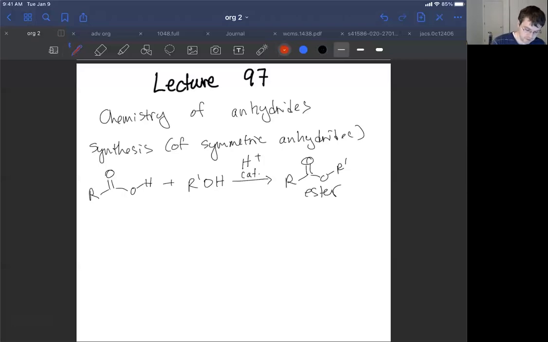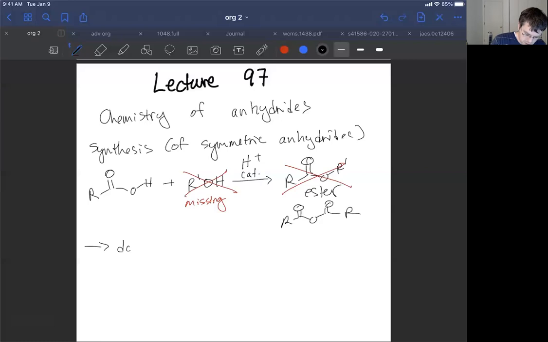the Fischer esterification conditions, but I want to leave out the alcohol. And if I leave that out, I don't get the ester. Instead, what I get is the carboxylic acid anhydride, where both of the R groups are the same in this case.